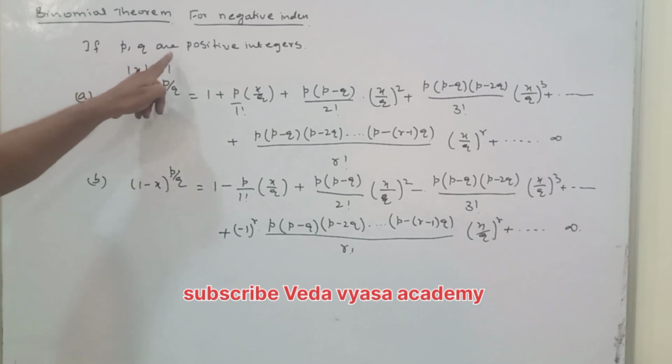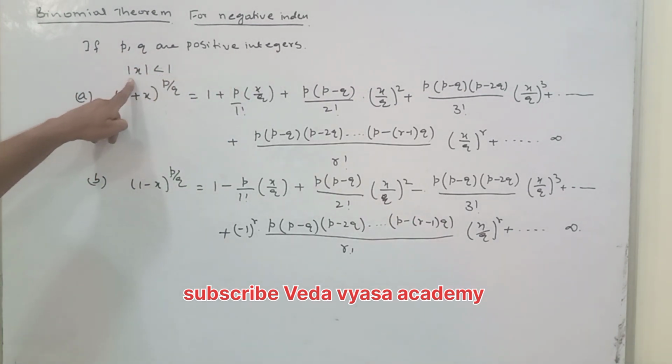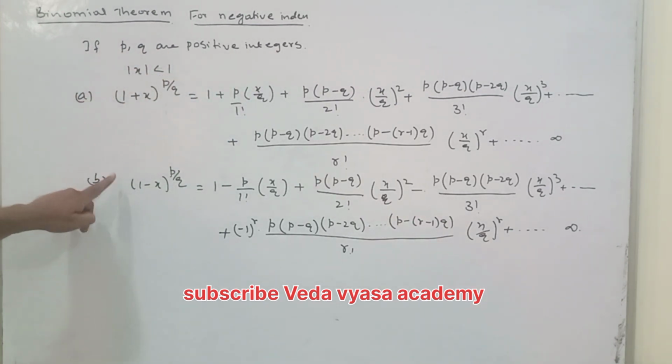If p, q are positive integers and mod x is less than 1, these are the two results.